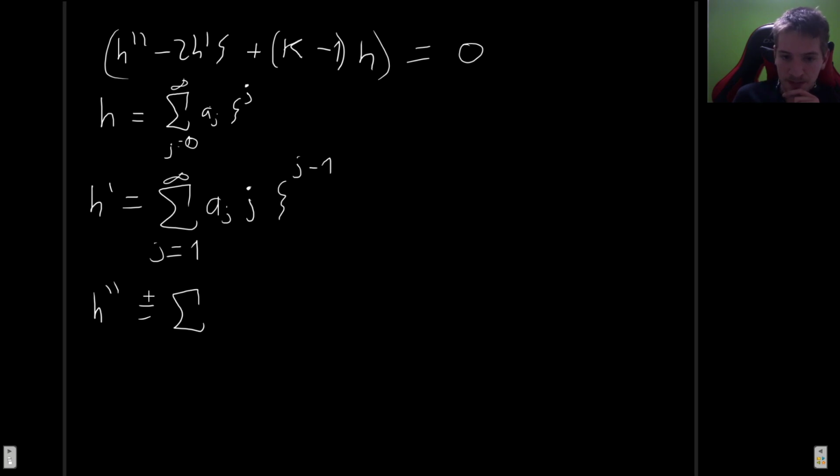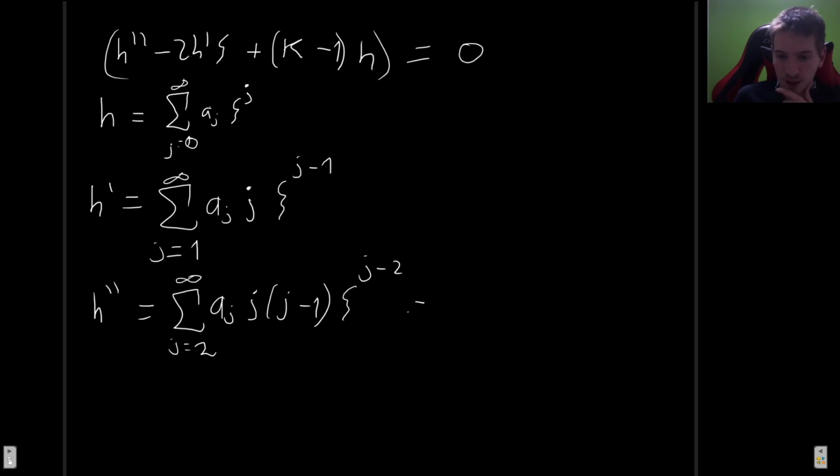So now h double prime, this is just deriving this term right here. It will begin at 2 because there are two terms that now will not be counted at the beginning. It's going to be aj times j minus 1 because we derived this, psi to the power j minus 2.